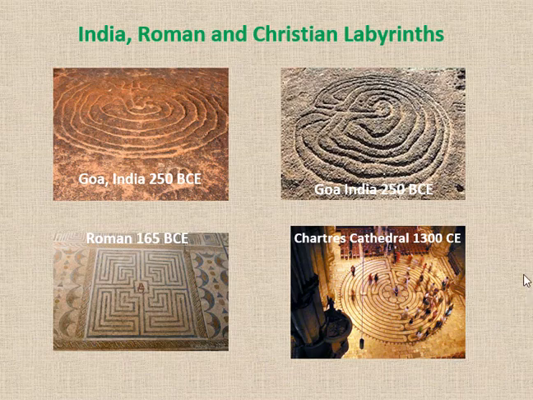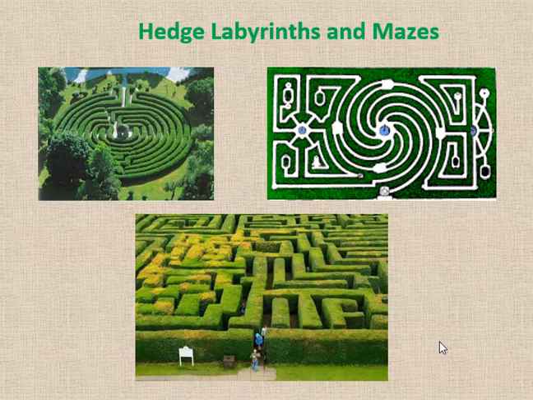And then in the 1300s in the Christian era, the Chartres Cathedral Labyrinth, which was constructed perhaps well over 800 years ago. And so these are some other kinds of designs. As I said, we're looking at designs over time and various types.